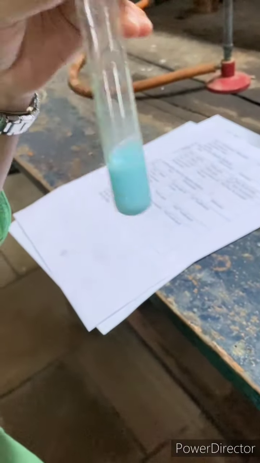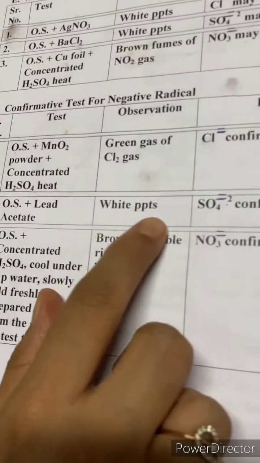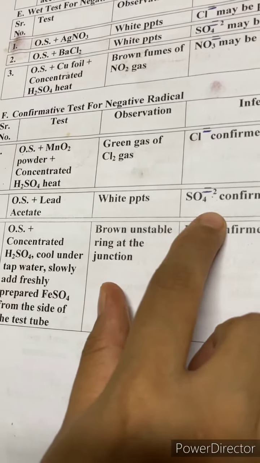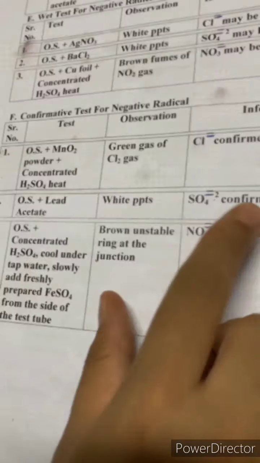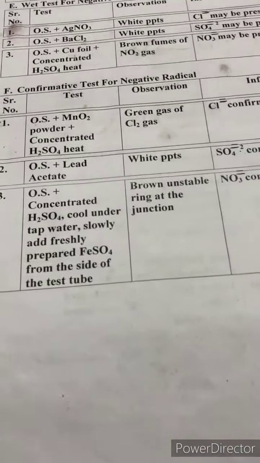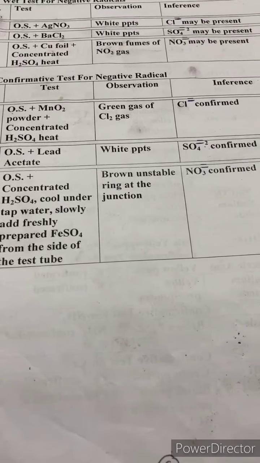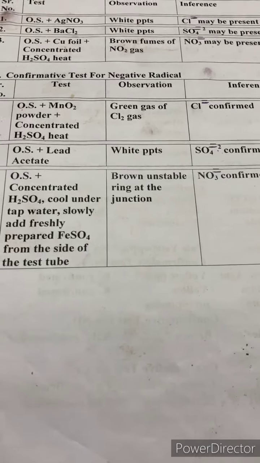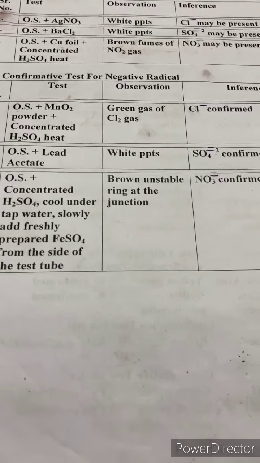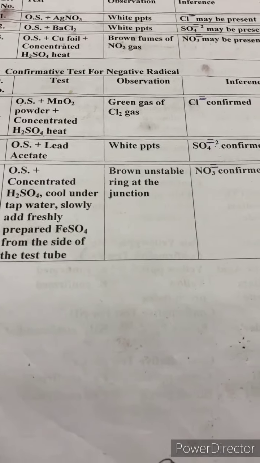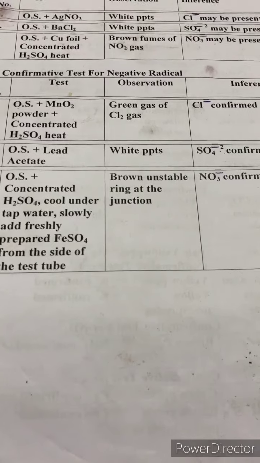Again, as you can see, there is formation of white precipitates. So again, sulfate ion is confirmed. So we are seeing that our positive ion is copper Cu2+, our negative ion is SO4 2- sulfate. So our salt is CuSO4, copper sulfate.